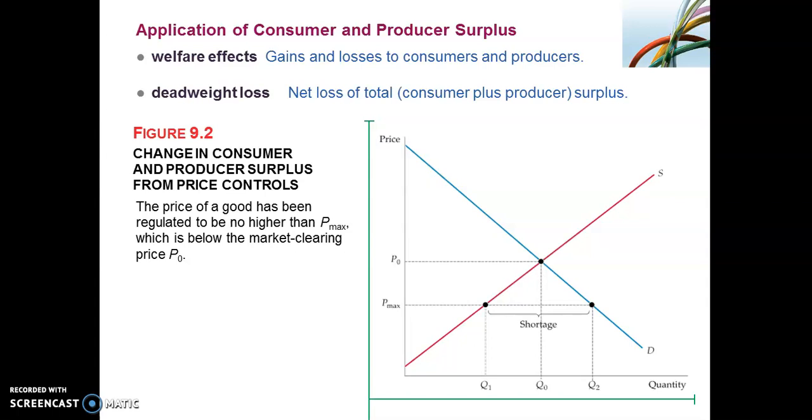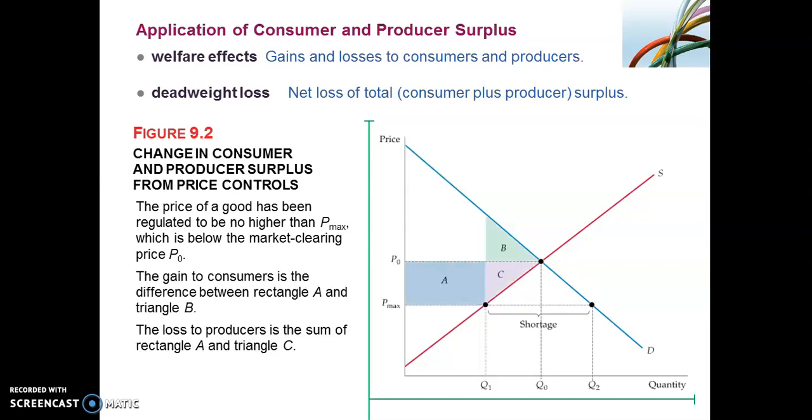However, because producers can't charge higher than Pmax, the quantity supplied falls from Q0 to Q1. Between Q1 and Q2 there is a market shortage, or excess demand, given by the distance between Q1 and Q2.